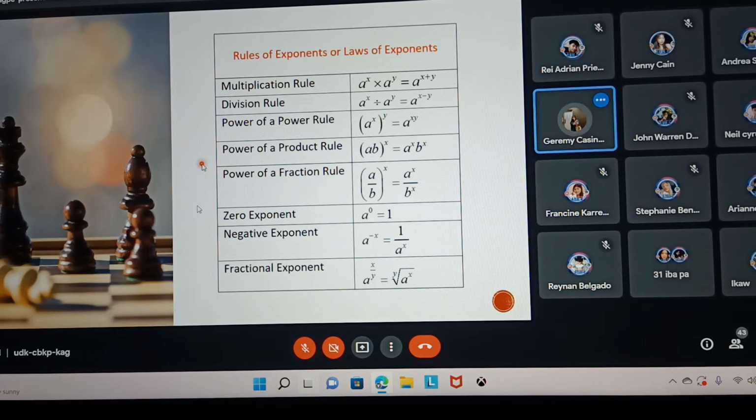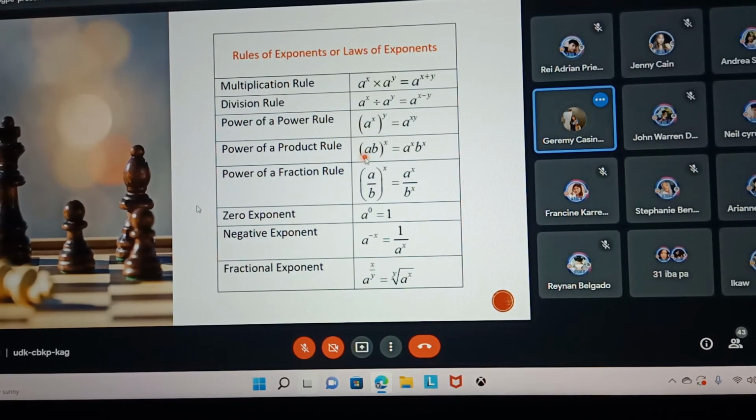Next, how about power of a product rule? Kapag sinabi natin power of a product rule, kapag merong two variables sa loob ng quantity or parenthesis, first things first, and merong exponent sa labas ng parenthesis, what we're going to do is to distribute the given exponent.